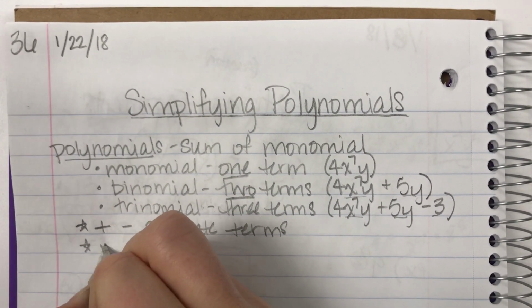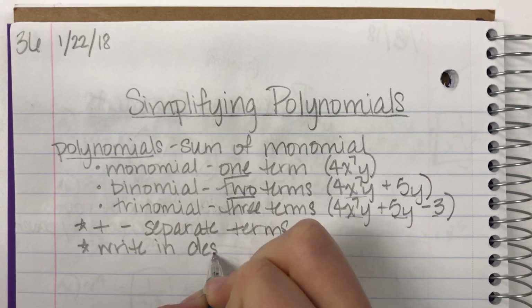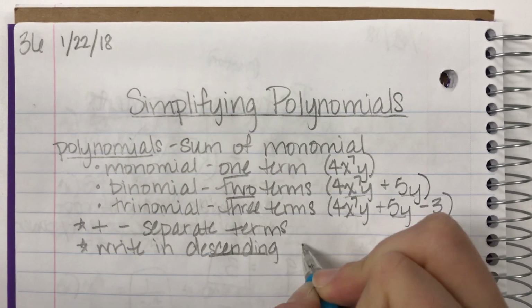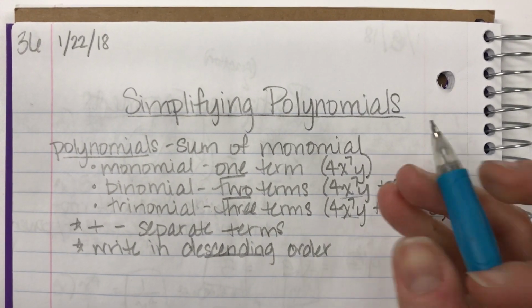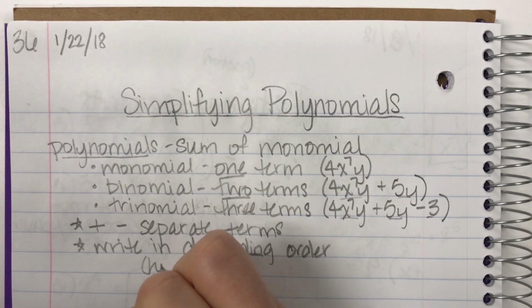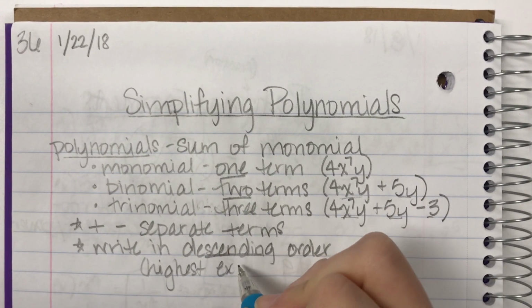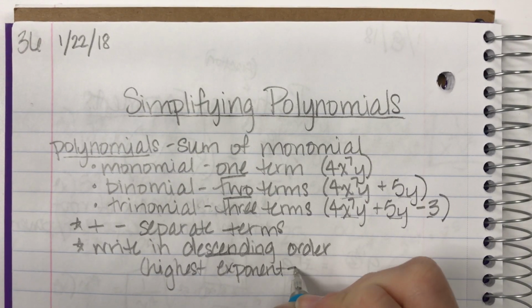Typically, not a big deal, but typically we write them in descending order. Descending order, meaning going down, like dropping. So the highest exponent down to the lowest. I'll give you an example of this. It's not as confusing as it may sound.